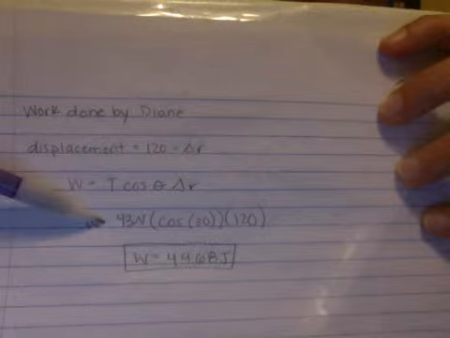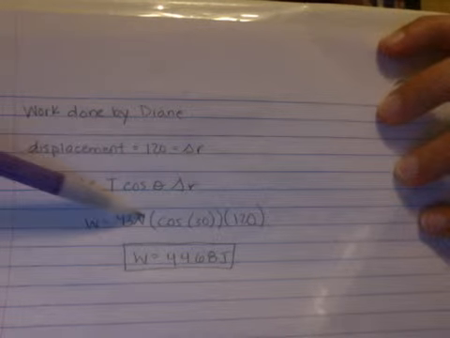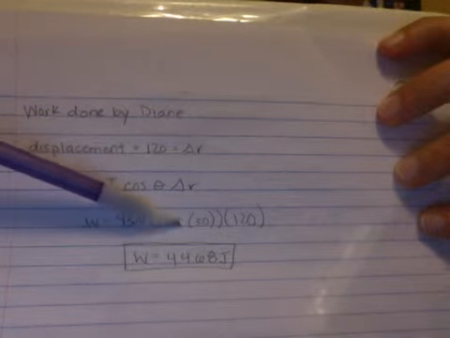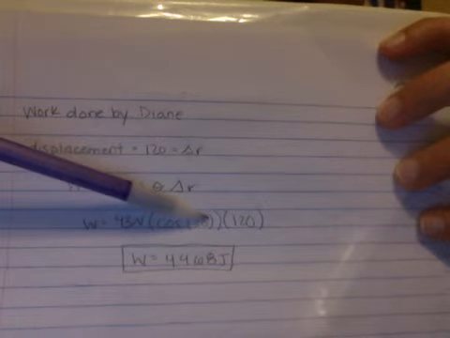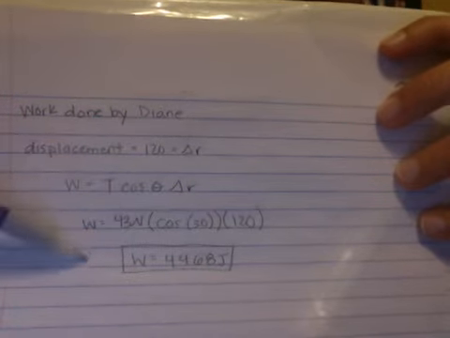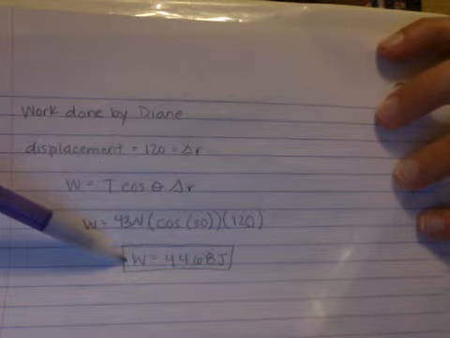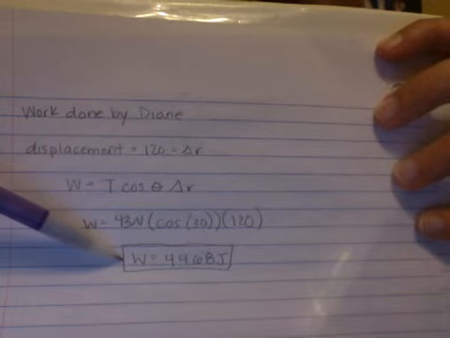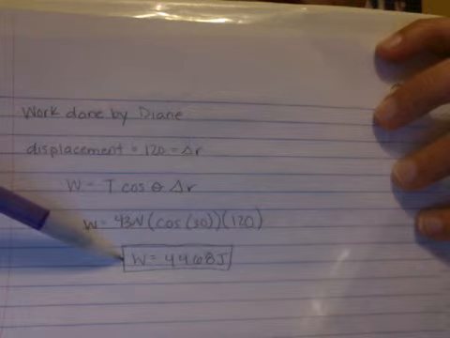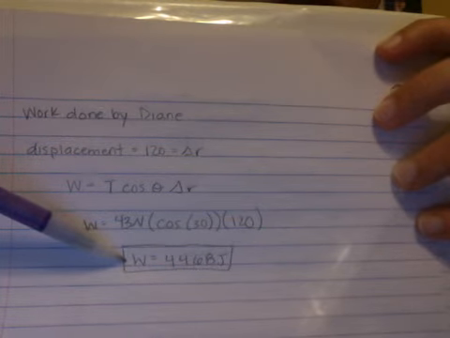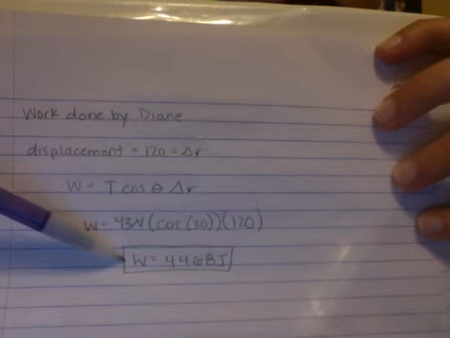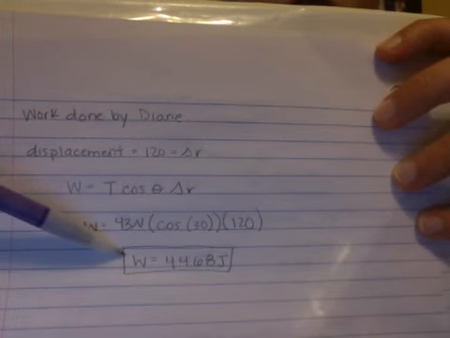So work equals 43 newtons times cosine of 30, because the angle of the rope is 30, times 120, and we get that the person does 4,468 joules of work. You could just round that up and say it's 4,500 joules of work.